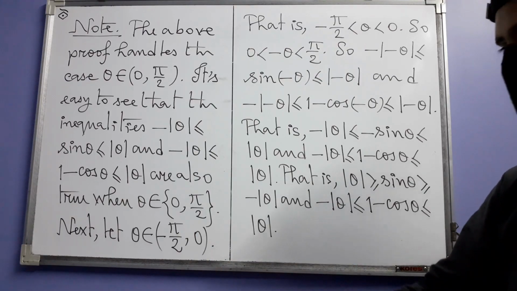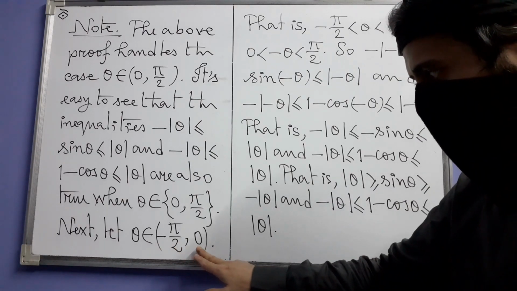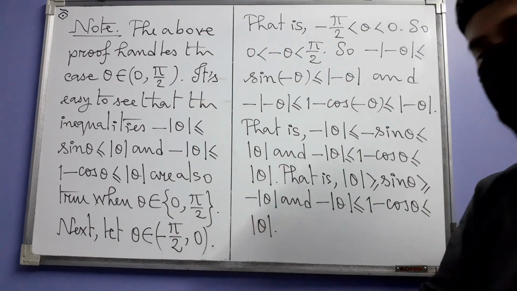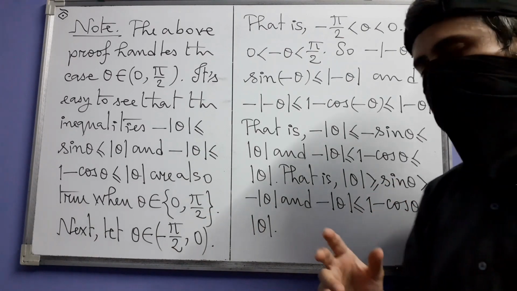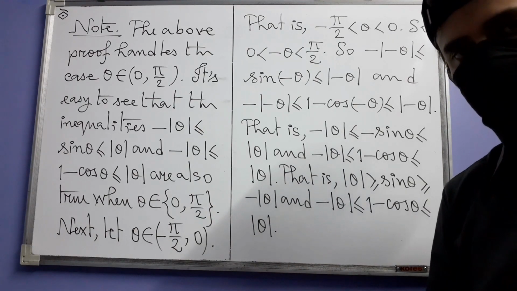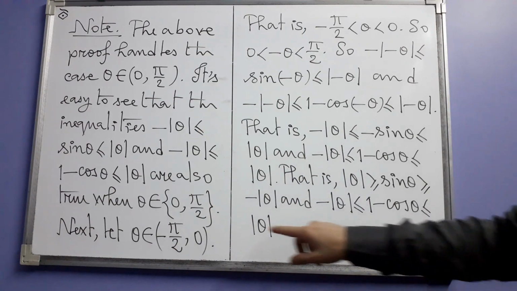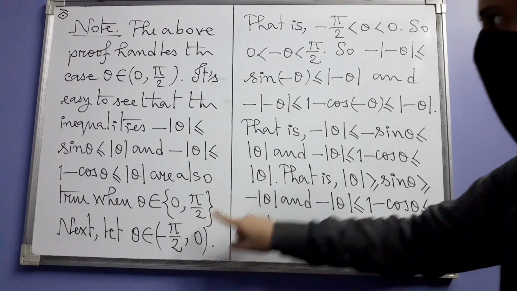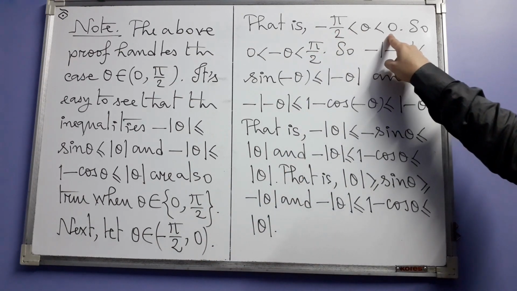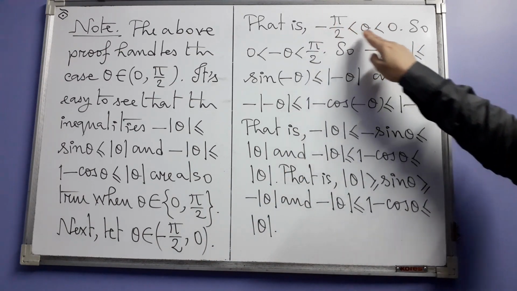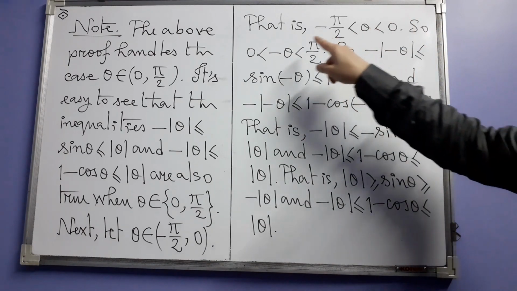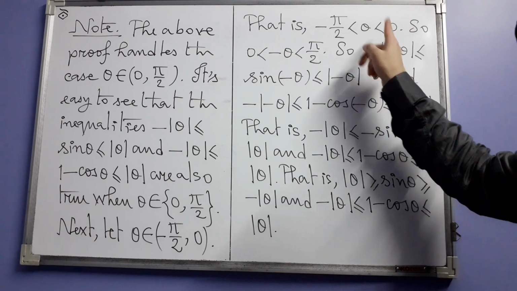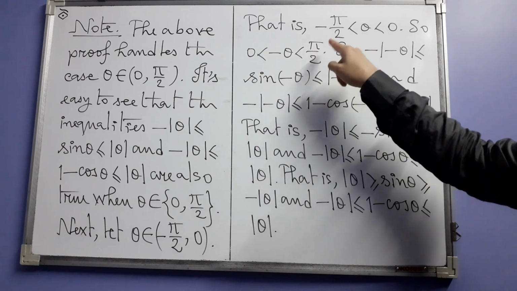Not all negative thetas, but say this type of thetas which are negative but greater than minus pi over 2. Will they still be true? Let's see. If you take a theta like this, then theta satisfies these inequalities. Now you multiply throughout by minus 1. So the inequalities change direction. And ultimately you get 0 less than minus theta less than pi over 2.